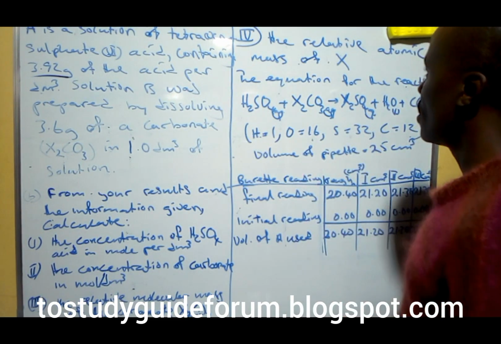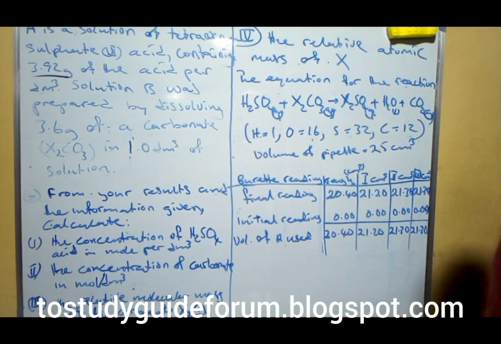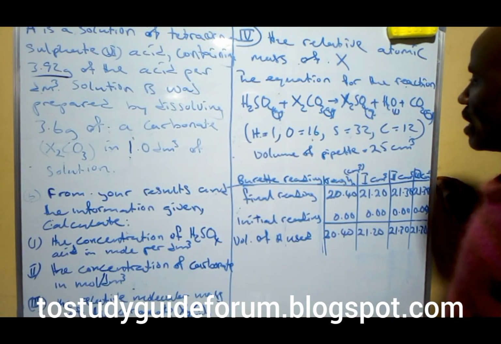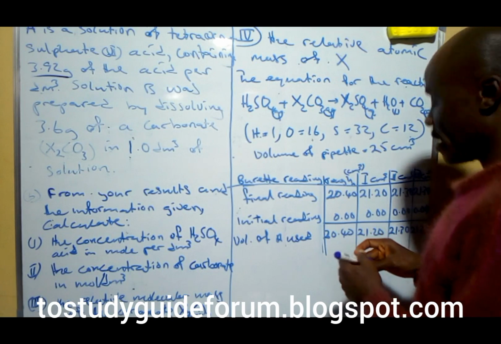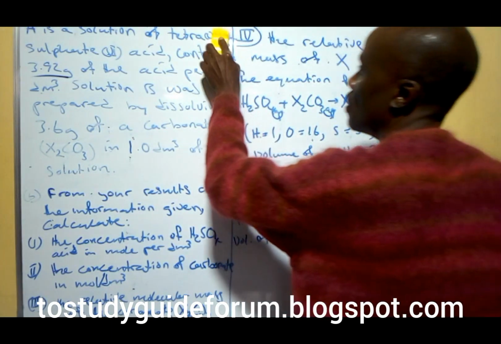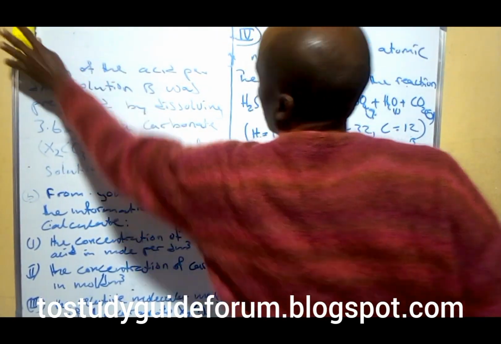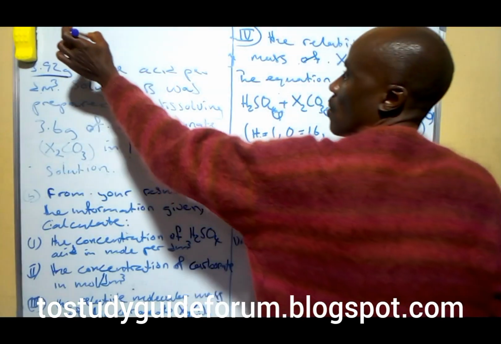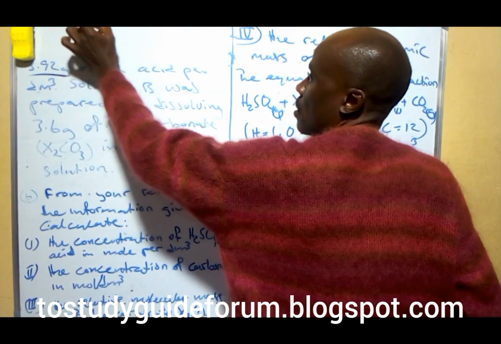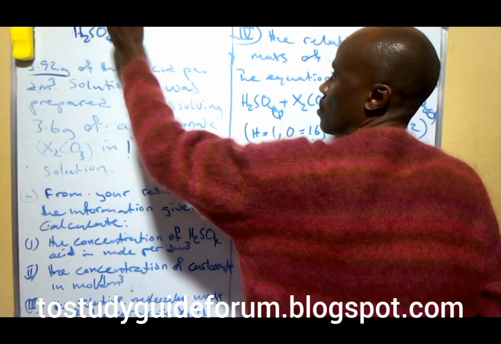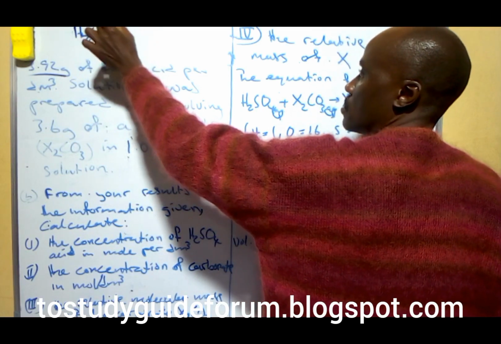get the molar mass of the acid, which we can get by summing everything here.